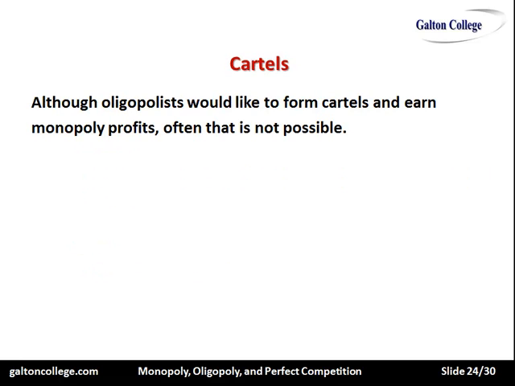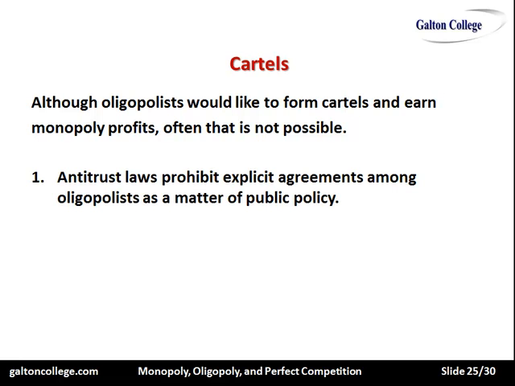Although oligopolists would like to form cartels and earn monopoly profits, often it's not possible. Sometimes oligopolists would like to get together and form cartels, but there are many problems that they confront in so doing. For example, antitrust laws. They prohibit explicit agreements amongst oligopolists as a matter of public policy. So the law simply steps in and stops oligopolists from doing it.